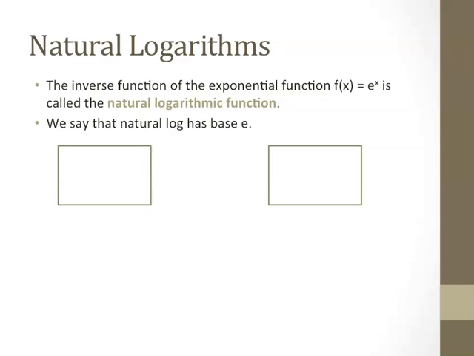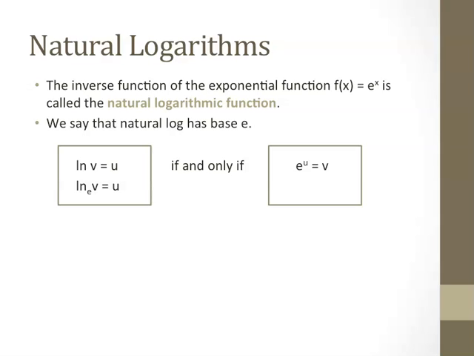Cannot be written as a ratio of two integers. Okay, so the way we write natural log is we write ln, okay, that's not an I, that's an L, so ln of v equals u. Again, if it's helpful for you, you can write that e in. It's not necessary, it's implied if you see ln that it's base e. So ln of v equal to u is equivalent to e to the u equals v.